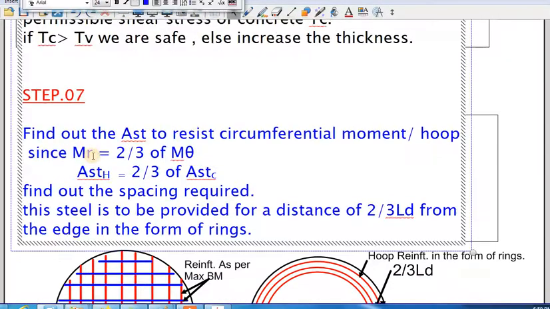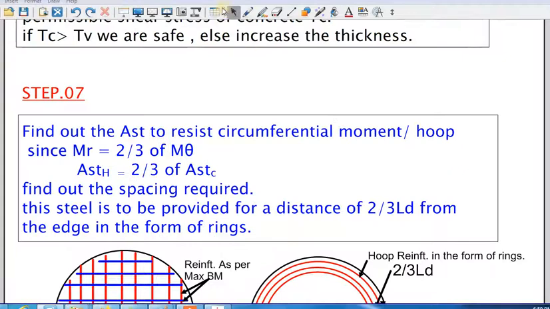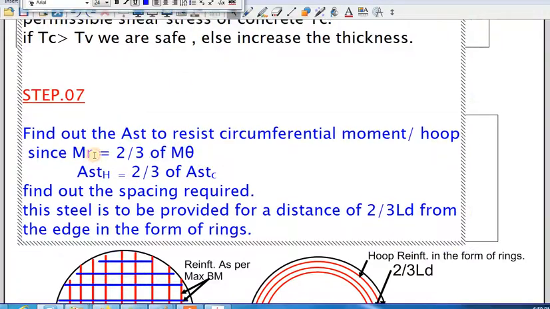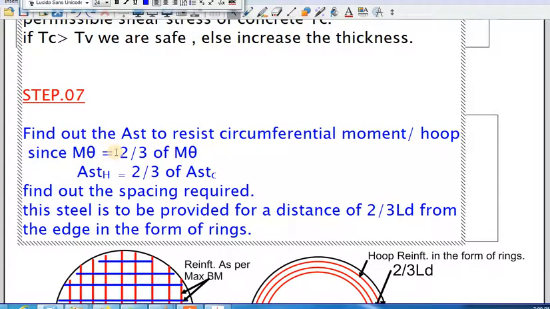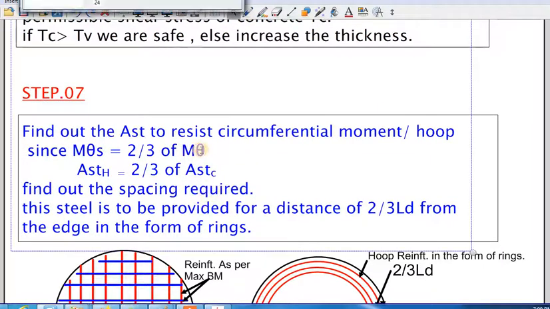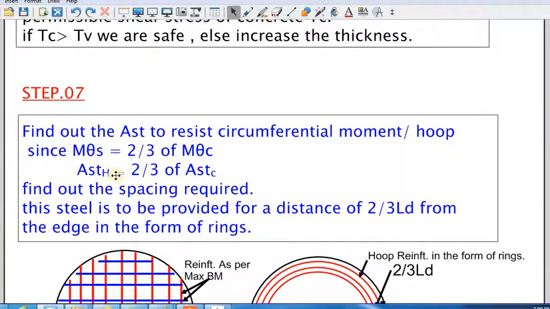This is M theta, not MR. M theta at support is 2 by 3 of M theta at center actually. Therefore, Ast required for hoop tension at support is 2 by 3 of Ast at center.